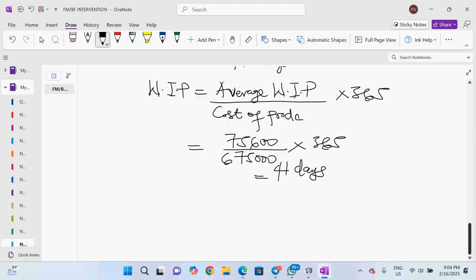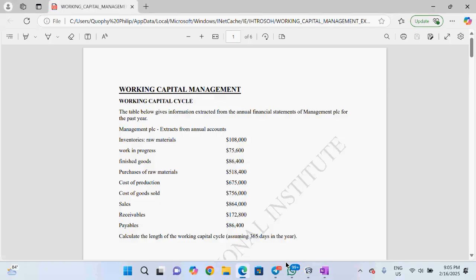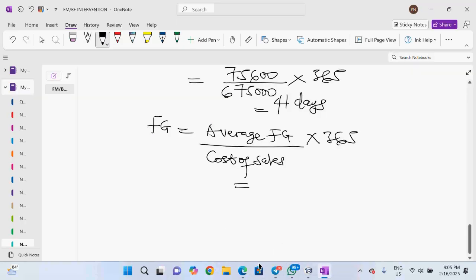Let's locate the figures. What is the average finished goods inventory? The inventory finished goods is 86,400.